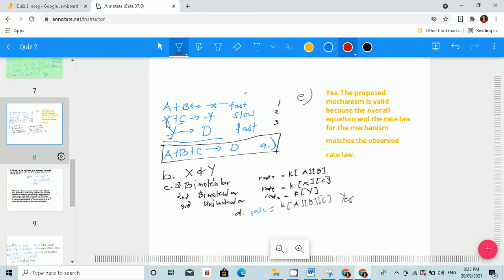So the X here is our intermediate. It is consumed. It appears as a product and then it is consumed as a reactant. So that's the intermediate. It is long-lived because we can catch it. That's why it is included in our reaction. Intermediate is included in our reaction.